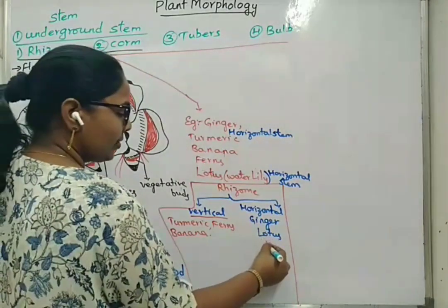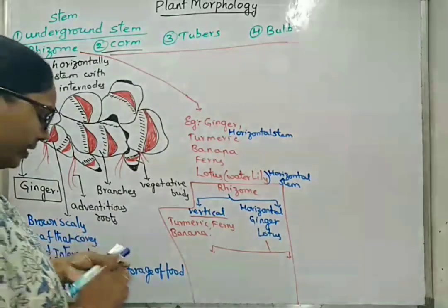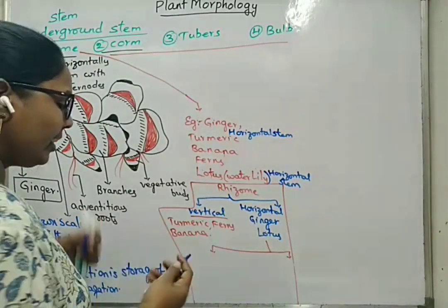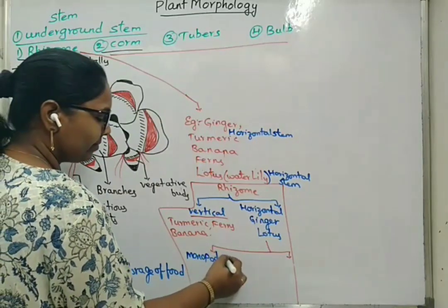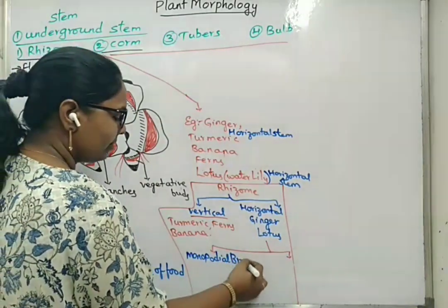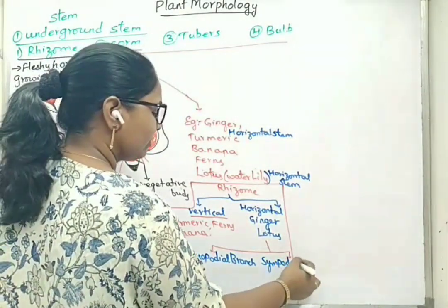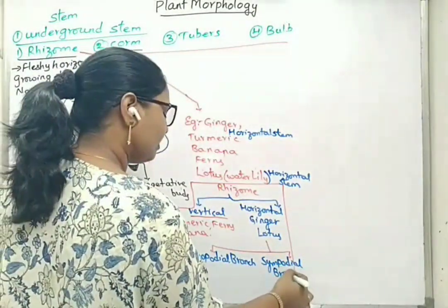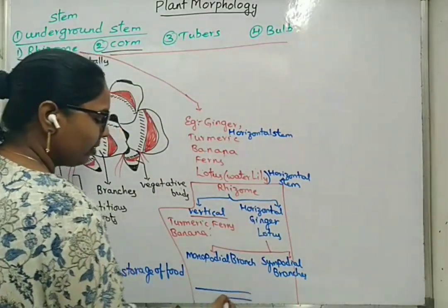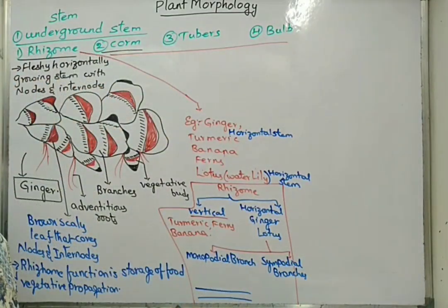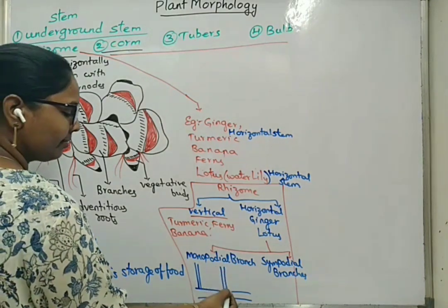This horizontal type is again of two different types: monopodial branching and sympodial branching. Monopodial means, we know that lotus stem is beneath the borders and it also gives rise to stems like this.